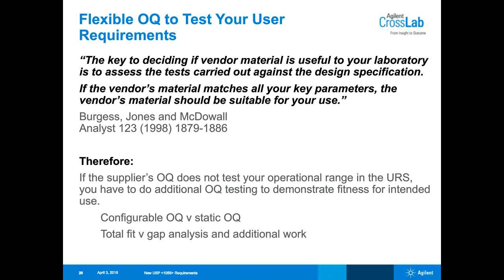When we published it 20 years ago, we called it Equipment Qualification. And what we said is the key to deciding if vendor material is useful to your laboratory is to assess the tests carried out against the design specification, i.e. your user requirement specification. If the vendor's material matches all your key parameters, the vendor's material should be suitable for your use.